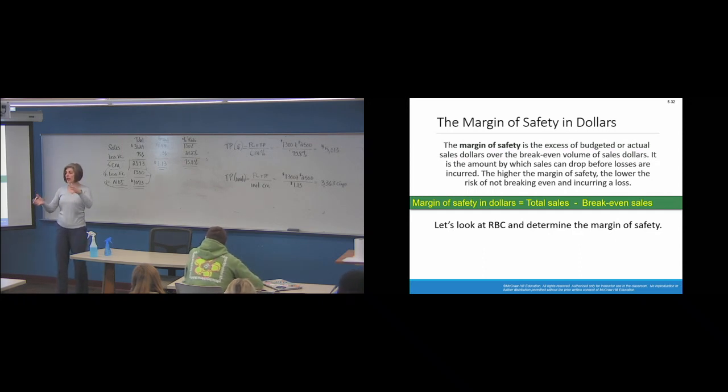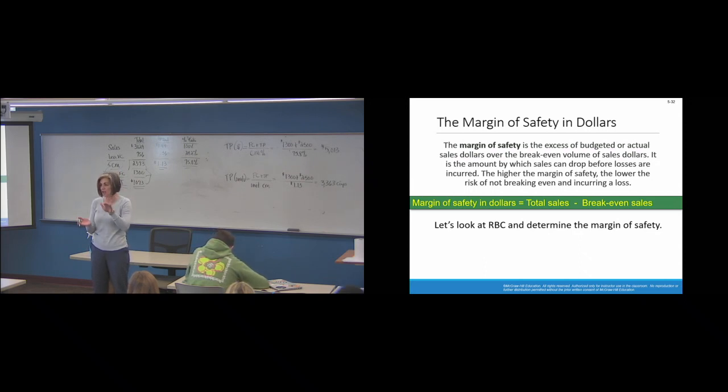So margin of safety gives you what your leeway is between what you're currently selling and your break even. For example, if your break even is $20,000 of sales and you're currently selling $25,000, your margin of safety is $5,000. It's simply the difference between what you're currently selling and your break-even sales. It's the amount by which your sales could drop and you could still pay your bills.